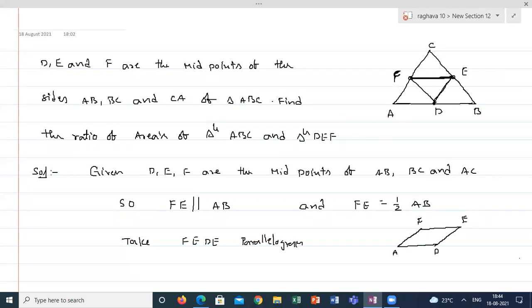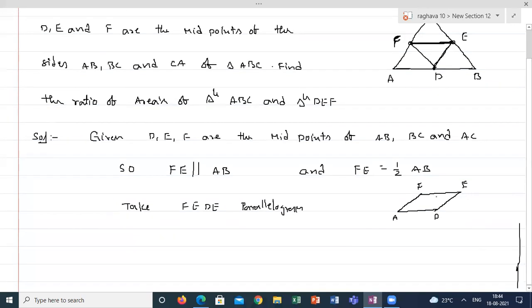So I can say, same as AF is parallel to ED and EF is equal to EB. AF is equal to ED, not EB, guys, ED.